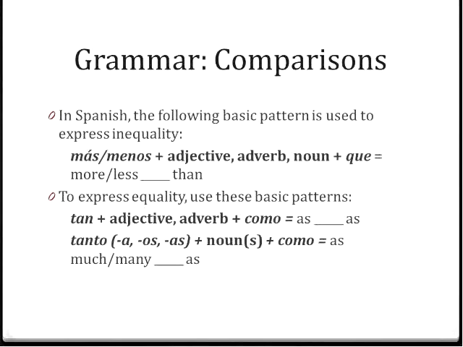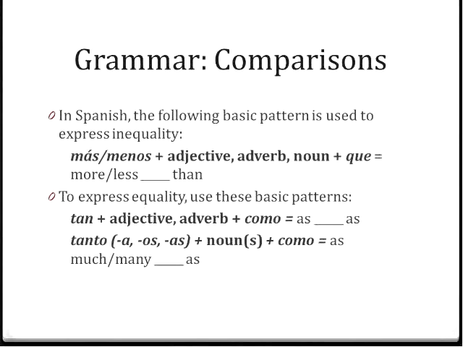Okay, so to express inequality, if you want to say something is better or worse than something else, we would use más or menos, then the adjective, adverb, noun, whichever you're referring to, and then que. Same thing as more or less than.